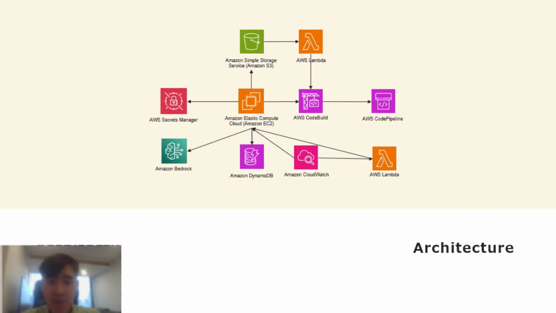All credentials that are necessary as part of this process, whether it be Bedrock calls or anything else, will be obtained from Secrets Manager to be able to obtain necessary API keys. We're using Bedrock in this case for our generative AI service, with the Claude V2 model. That's where we're going to create the generative element of this.